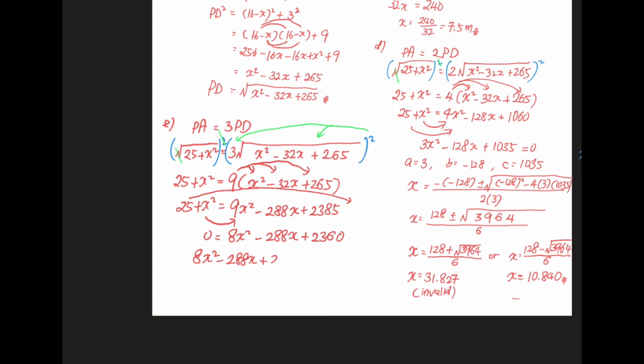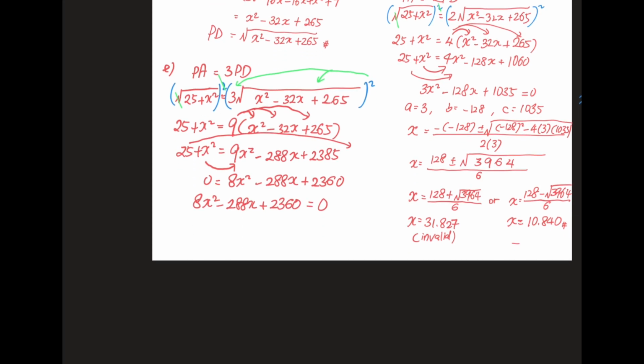I write it again in the normal way. I'm trying to check whether all these are divisible by 8 or not. If it's divisible by 8, I will divide by 8 first, so that I get a smaller number.